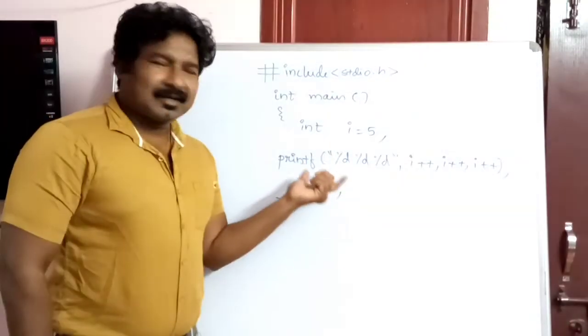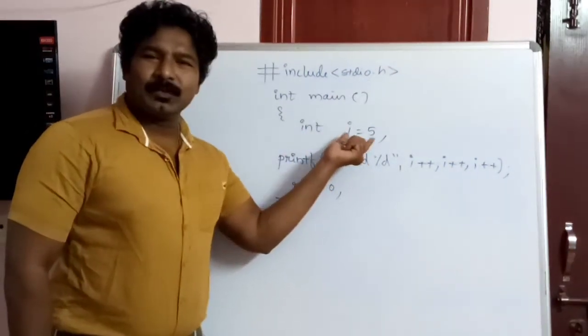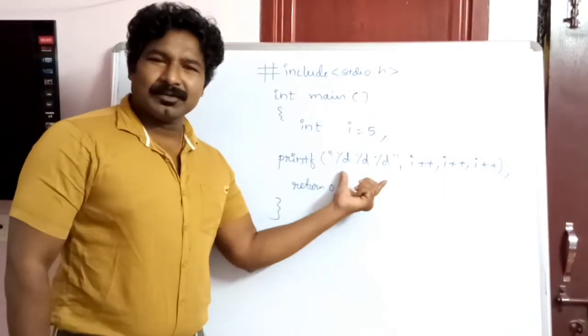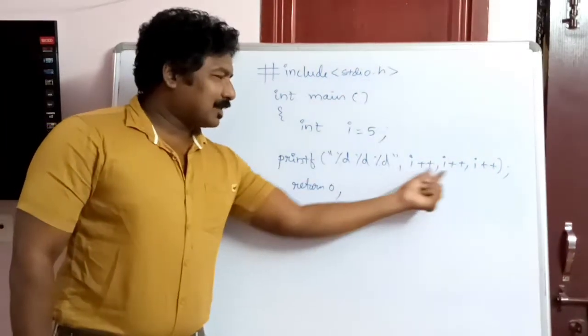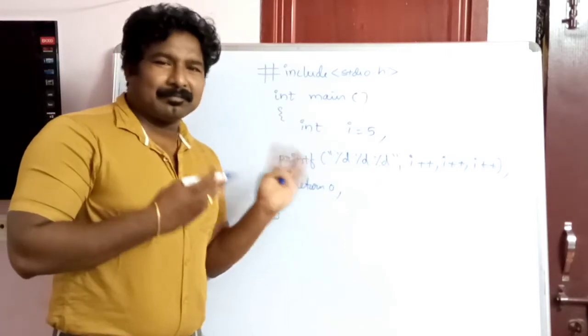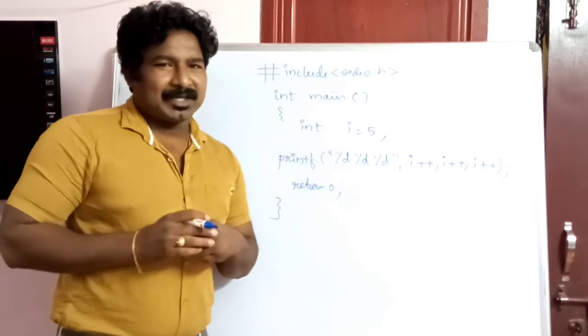This is a program where we have declared a variable called I with a value 5, and here we are printing the I value for I plus plus, I plus plus, I plus plus. We see these kinds of bits or pseudocodes in so many competitive exams and placement exams.